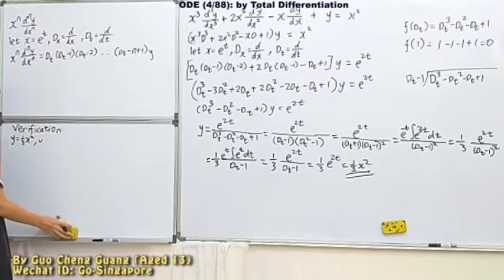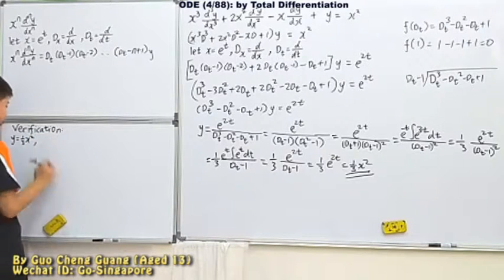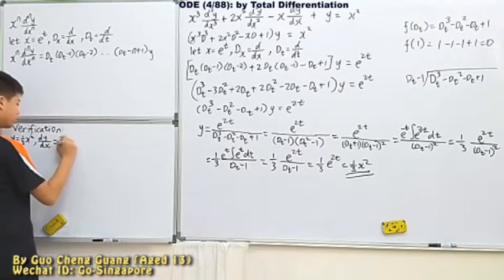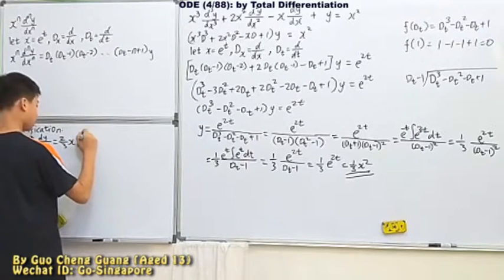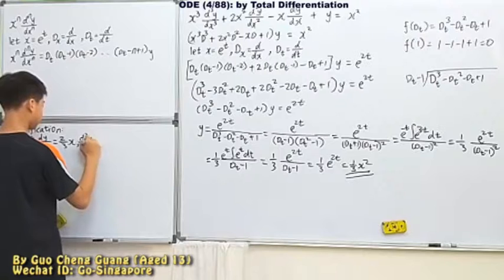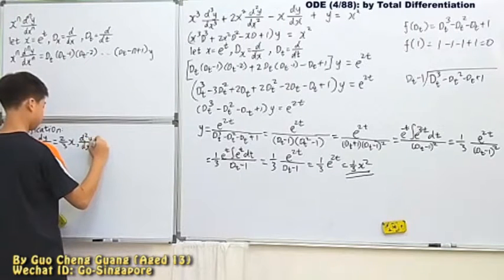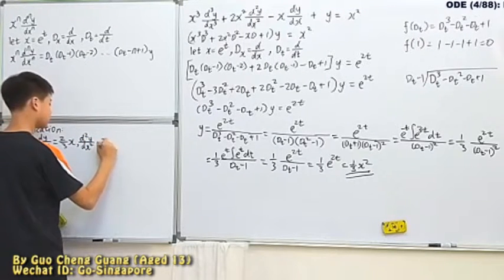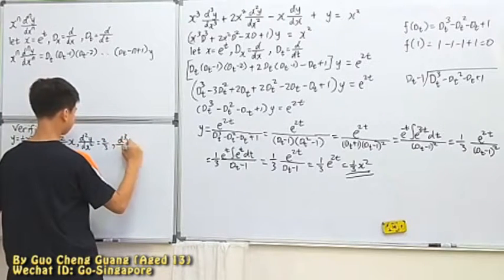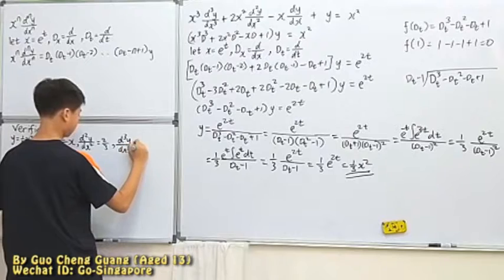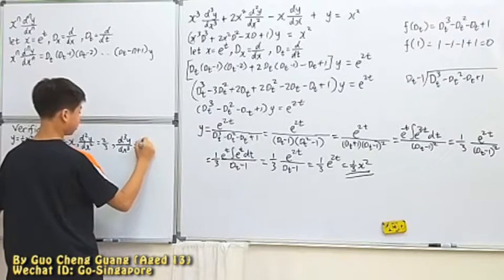So dy dx would be, so differentiate, 2 over 3x. Then the second derivative will give you just a constant. Then the third derivative just gives you a 0.